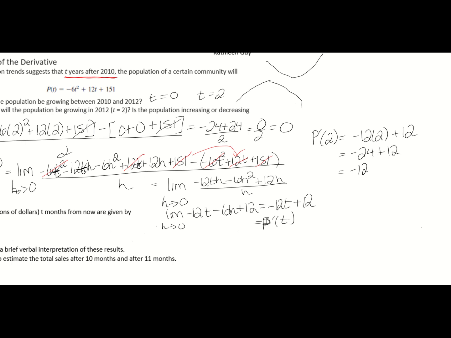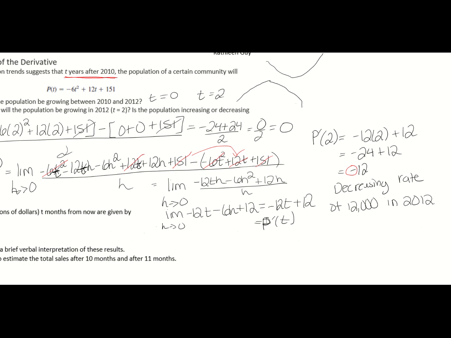So that means that in 2012, the population is decreasing. How do I know it's decreasing? Because it's negative, at a rate of 12,000 people. Okay, so the community is losing people in 2012. So it is decreasing at a rate of 12,000 in 2012.